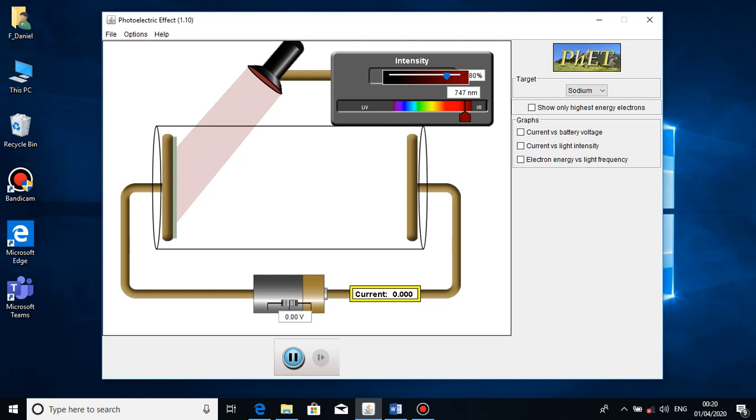So each photon coming to the plate has an energy equal to h times the frequency of red, which is very small.